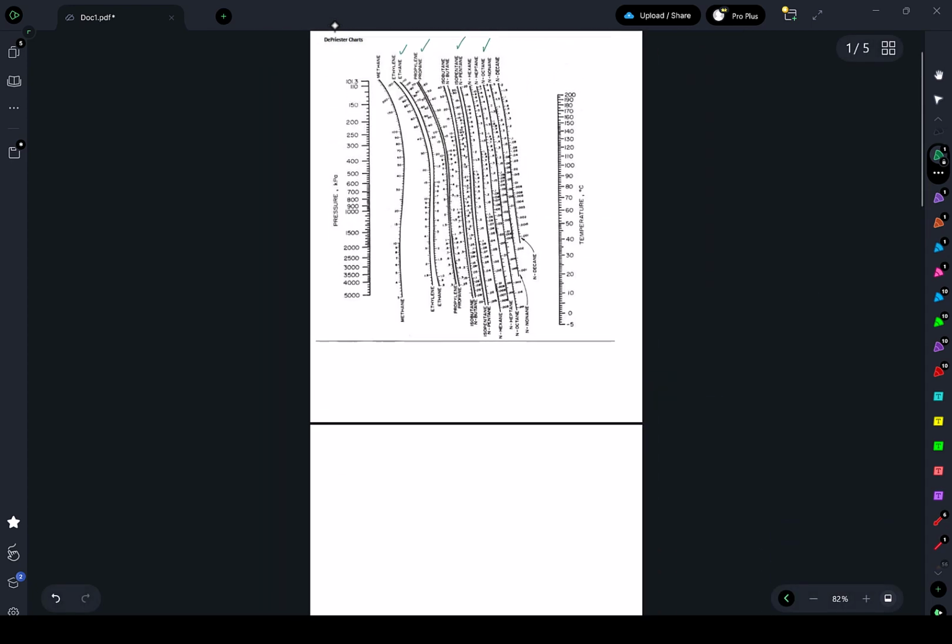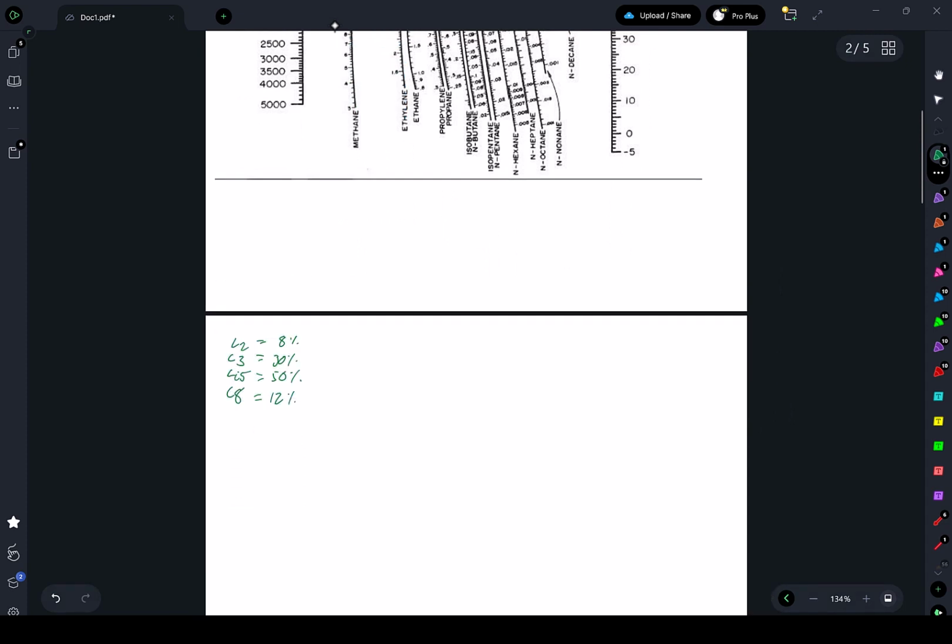Let's draw our distillation column first. Let's assume also that it's a total condenser and a partial reboiler.